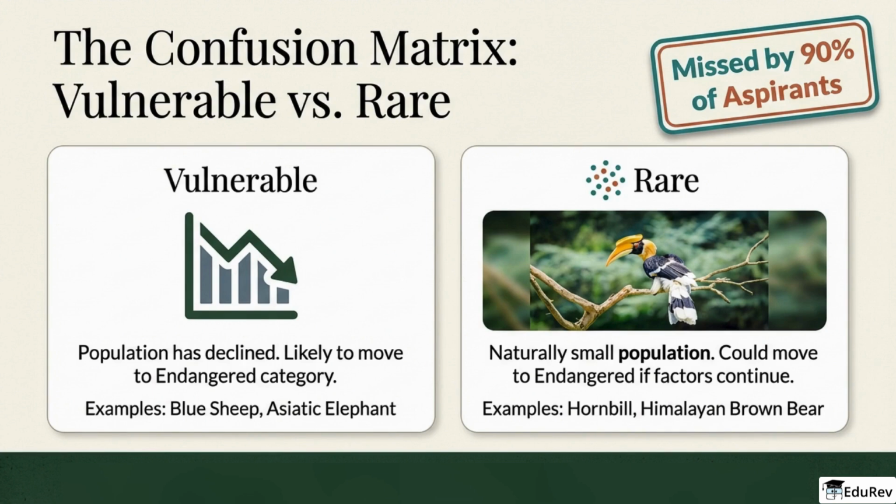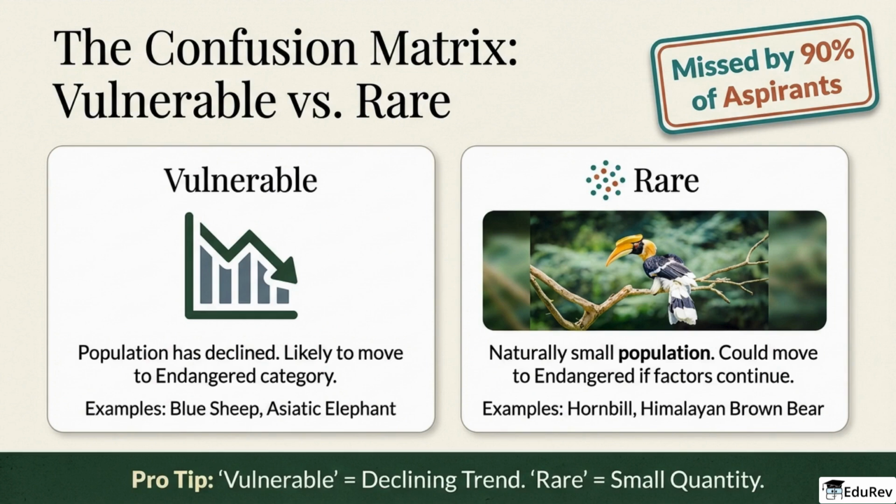It is not necessarily declining fast, but because the population is already limited, it can become endangered if pressure increases. The examples here are hornbill and Himalayan brown bear. Lock the distinction exactly like this. Vulnerable equals declining trend. Rare equals small quantity. If you mix trend with quantity, you lose the question.